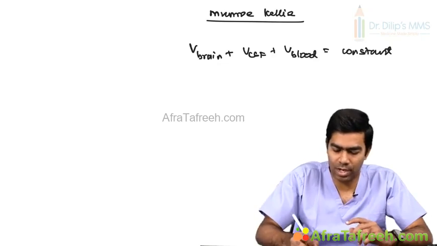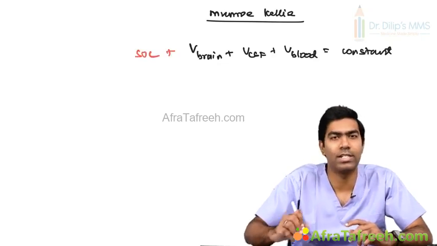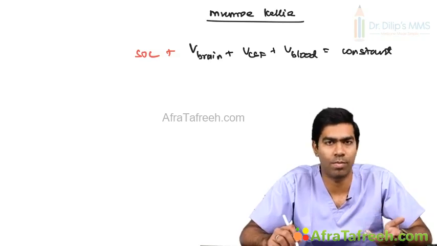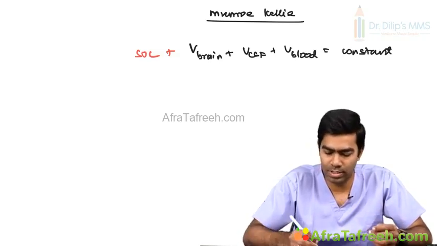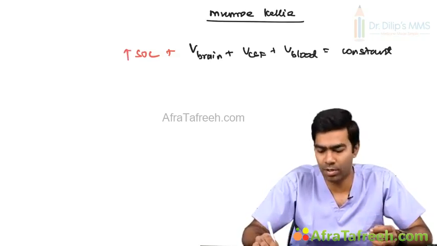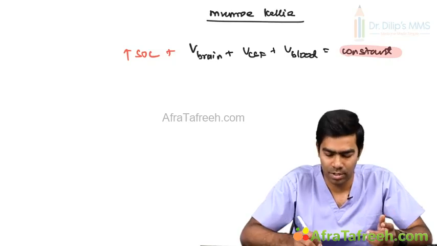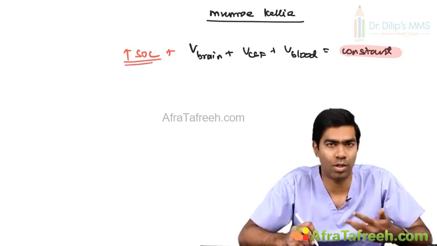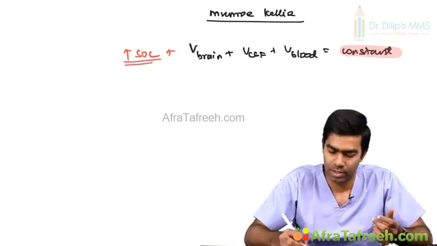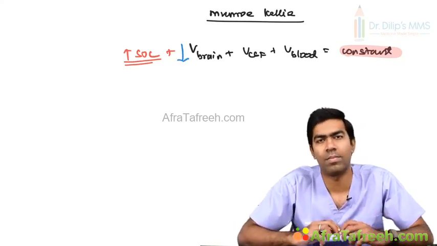For example, if you add some space-occupying lesion inside the brain, like a hemorrhage or probably a tumor, obviously this is going to occupy extra volume. By the Monro-Kelly doctrine, the total cannot change and must be constant. So how can they occupy this extra volume? Only by compressing the brain.